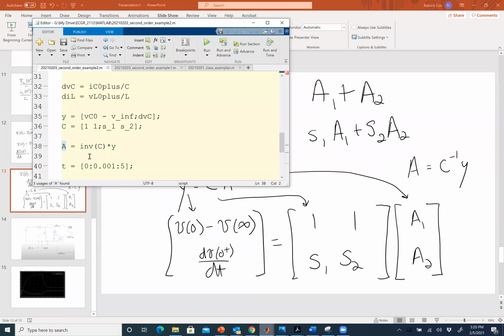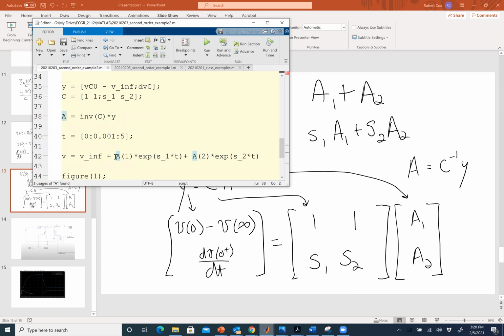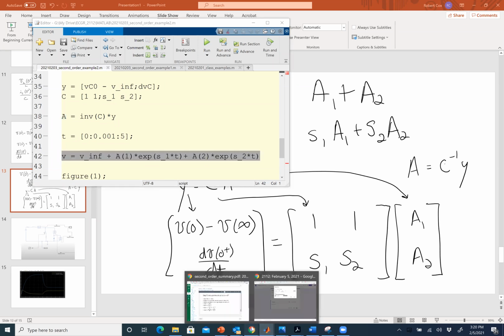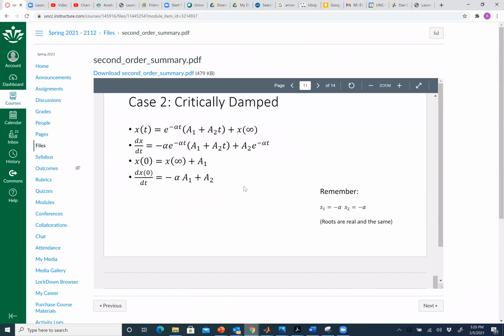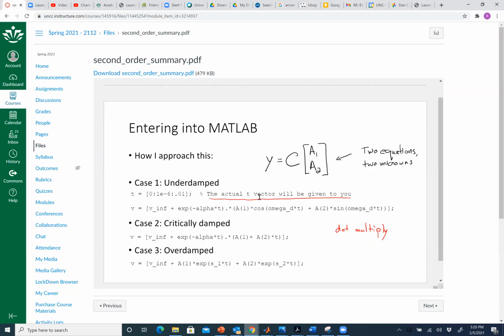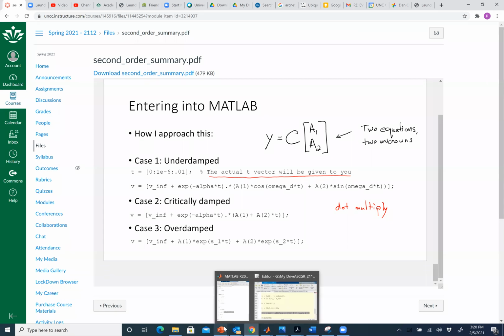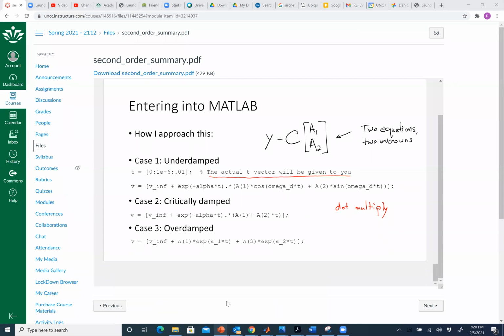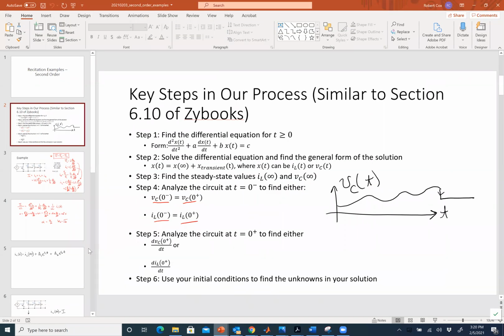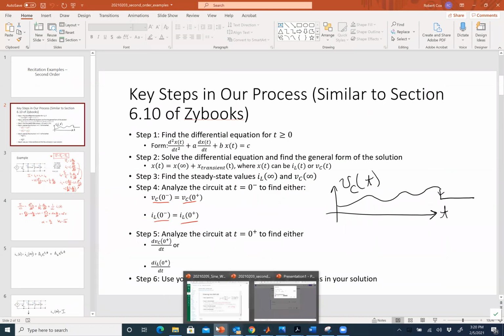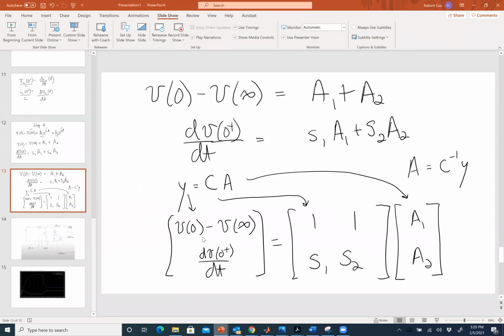Then I've got the formulas for all of these in the notes, but I also put them in this summary. The forms for each one are here. I'm using this form in this particular case, the form for the overdamped.